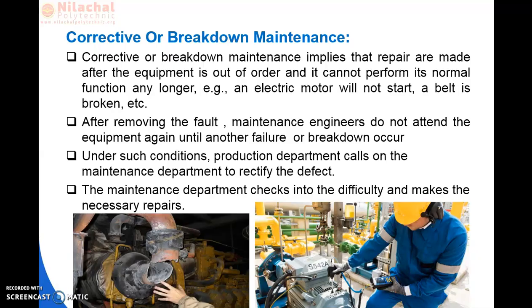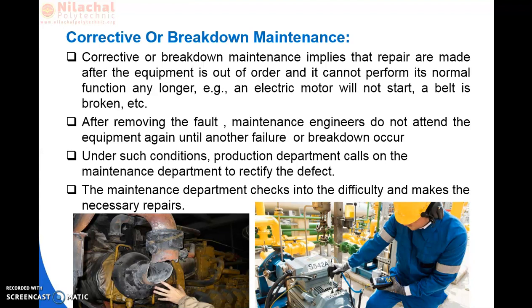Let's go to the first type of maintenance, that is corrective or breakdown maintenance. What do we mean by corrective or breakdown maintenance? As the name indicates, it applies when a breakdown occurs.